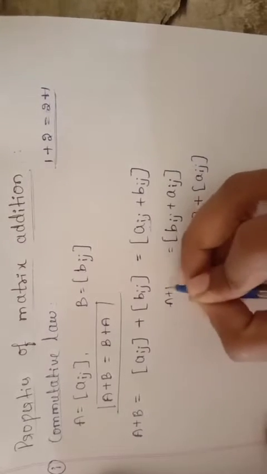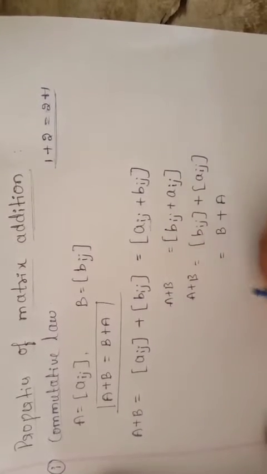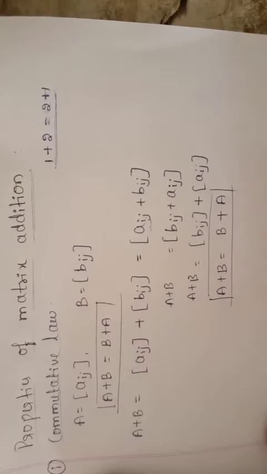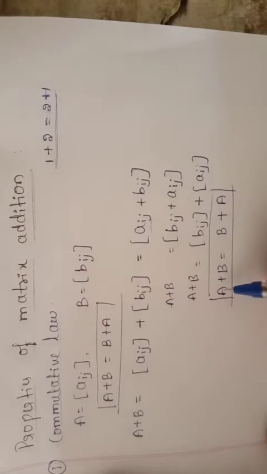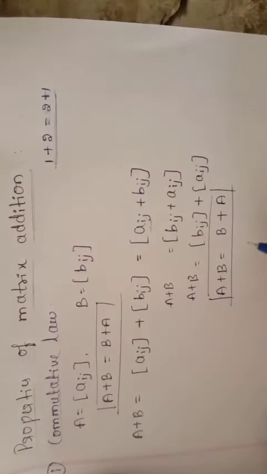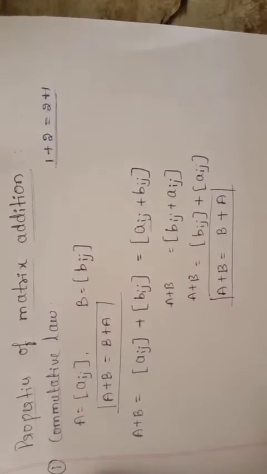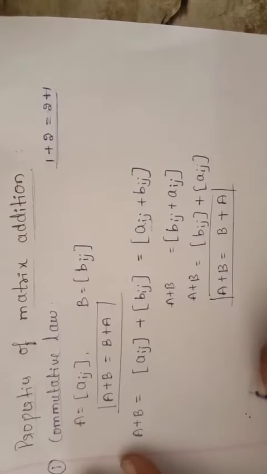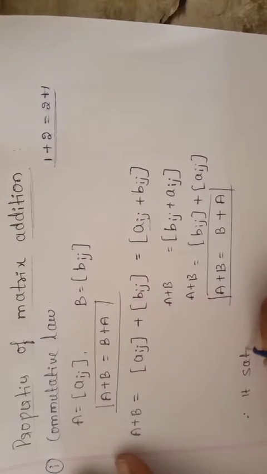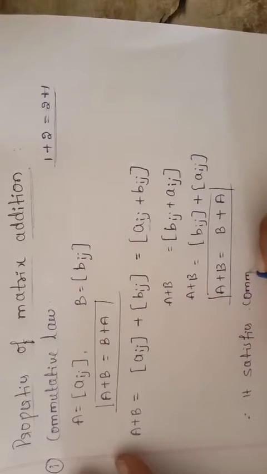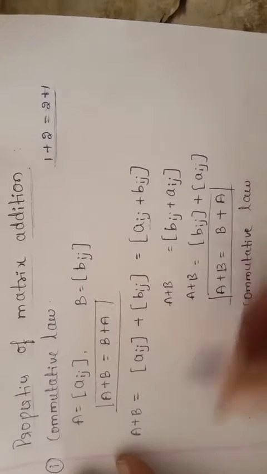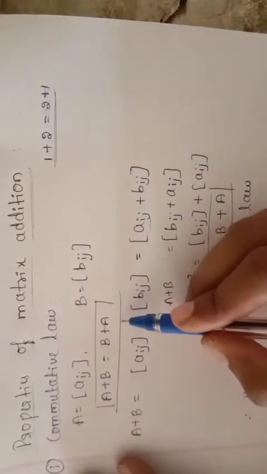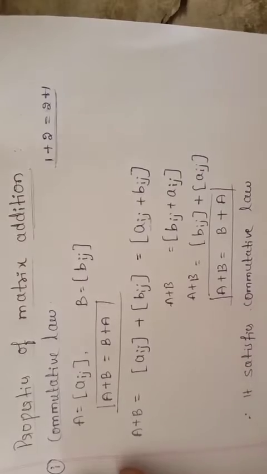That is A plus B. Then we proved that A plus B is equal to B plus A. Then matrix satisfies the commutative law. So what will you conclude? Therefore it satisfies the commutative law. See, addition of matrices satisfies the commutative law.